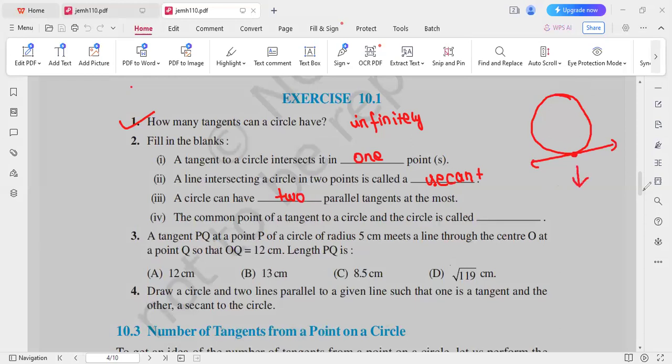I told you today only, and I said that I had forgotten to inform you this in the last class. It is called point of contact, right? Okay. Yes. So you have understood all the fill in the blanks, or do you have any doubt?